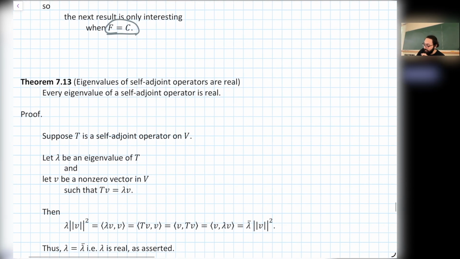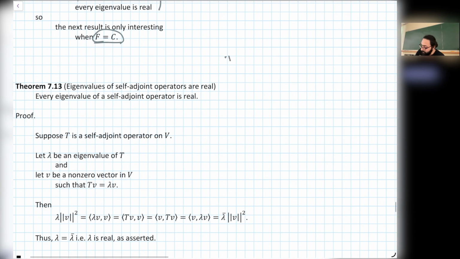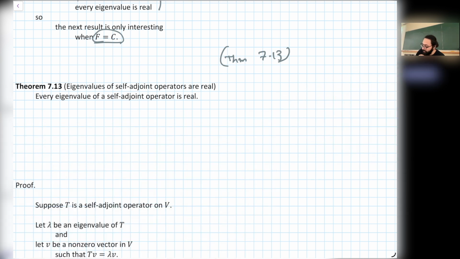So let's take the theorem. This is theorem 7.13. The theorem says that every eigenvalue of a self-adjoint operator is real.